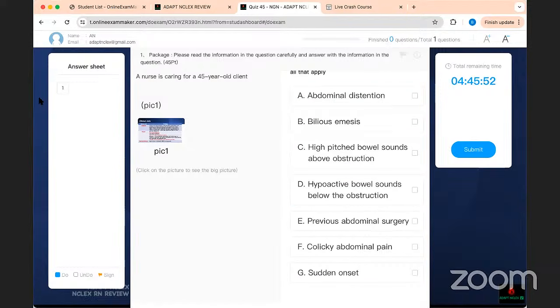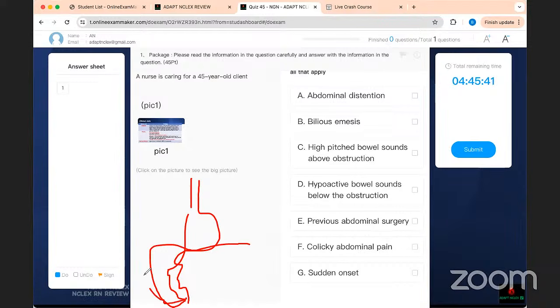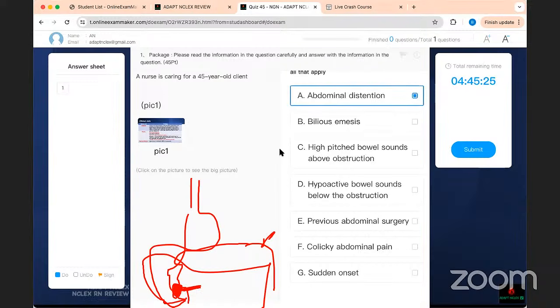Small bowel obstruction is the little bowel, right? It starts from your esophagus to your stomach, and this is the small bowel before you go into the bigger bowel. The bigger bowel is the large bowel obstruction, and this is the small bowel obstruction. How will you present if I put an obstruction here? Of course, you're going to get distended. It's a no-brainer, right?